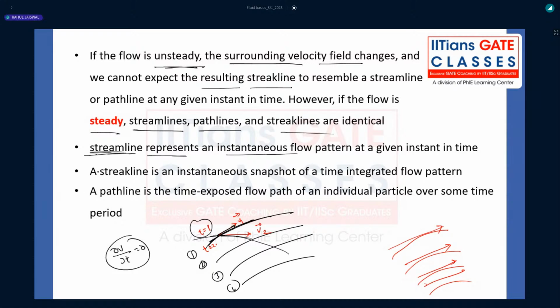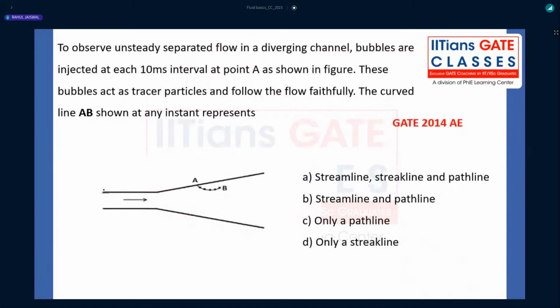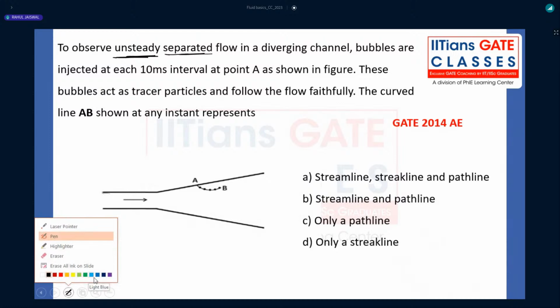With respect to the discussion that just happened, let us solve this question they asked as a theoretical question in 2014, to observe the unsteady separated flow. By the name itself, whenever separation is there, it is a highly unsteady phenomenon, and you can observe very clearly that it is happening in the divergent portion.